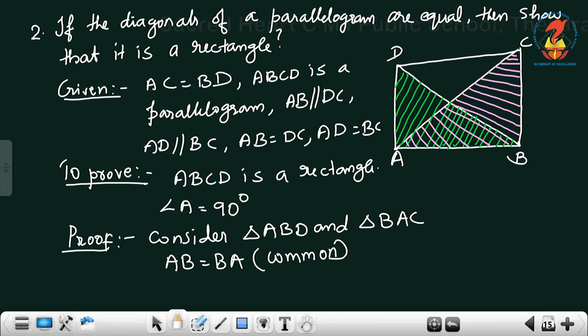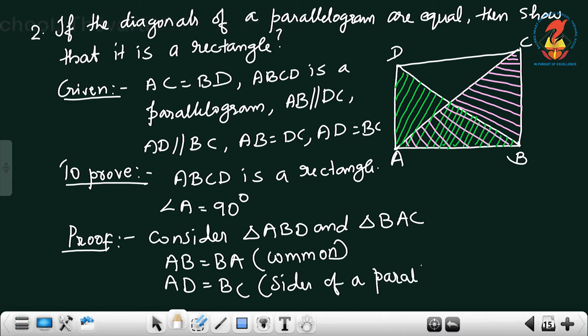Next, AD equal to BC, sides of a parallelogram, they are equal.